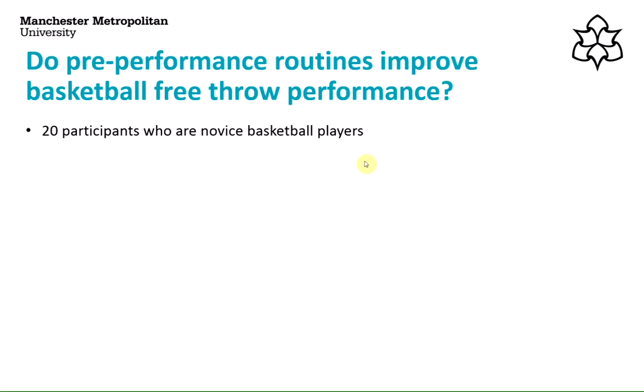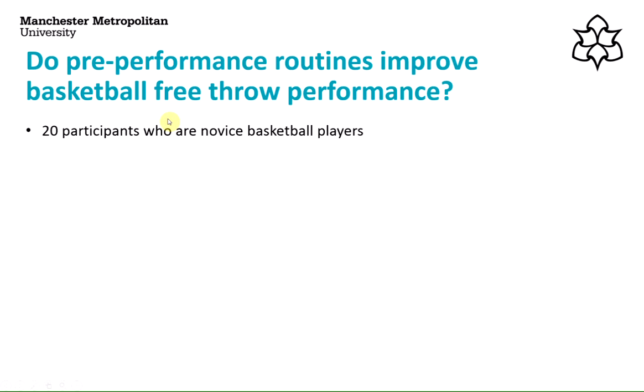So they might imagine themselves executing the free throw successfully. They might pick a specific point on the rim that they focus on before they shoot, things like that. And there's some evidence in the literature that these types of routines, these consistent behavioural and cognitive patterns that people follow before executing a skill, might be beneficial for improving performance.